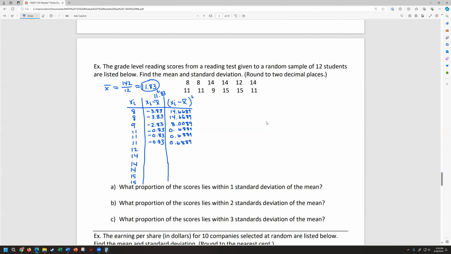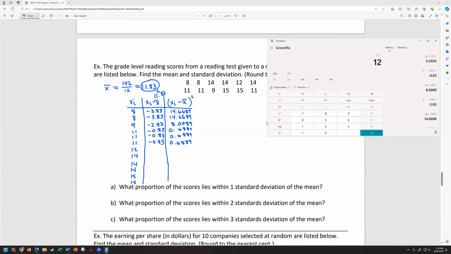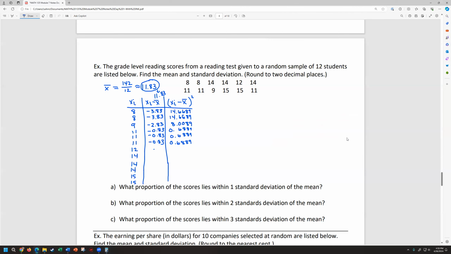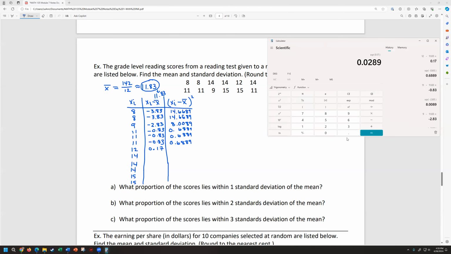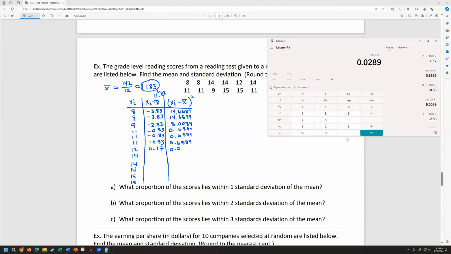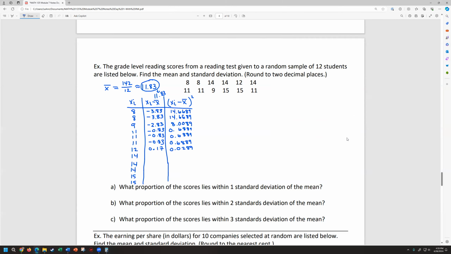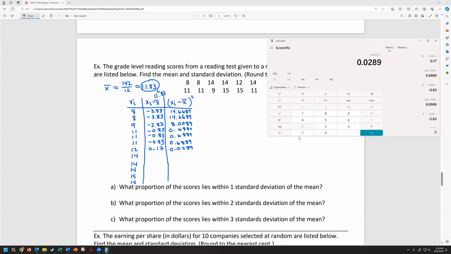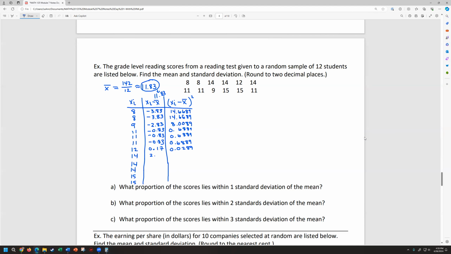Okay, then we're going to do 12. So 12 minus 11.83. That's 0.17. We'll square that. That is 0.0289. There's only one of those. 14 minus 11.83. Every time you're subtracting the mean. So that's 2.17. I have 3 14s, so I get to rewrite that 2 more times.